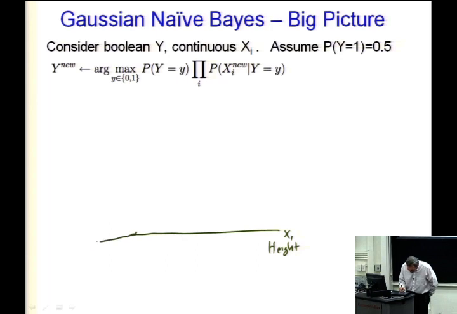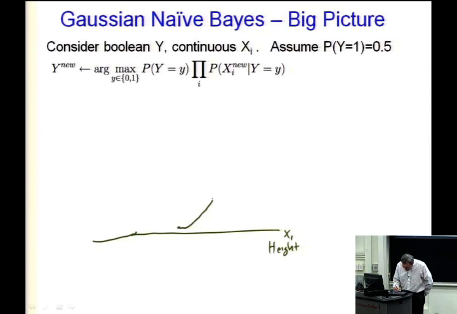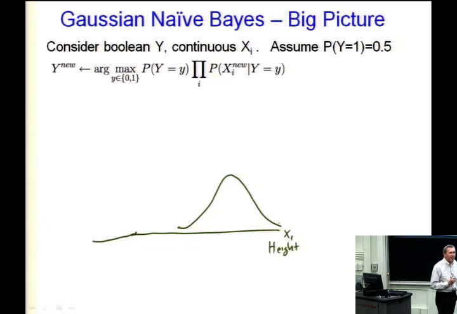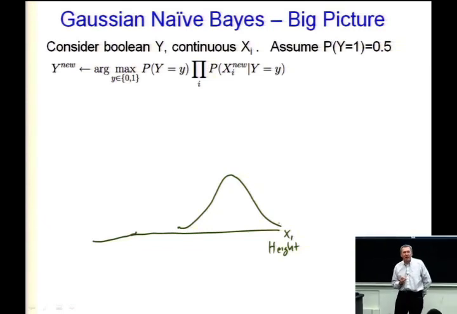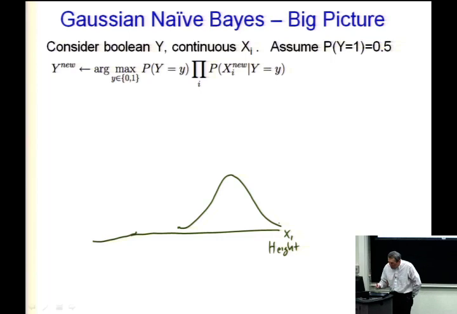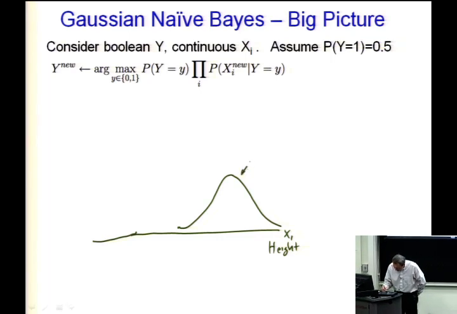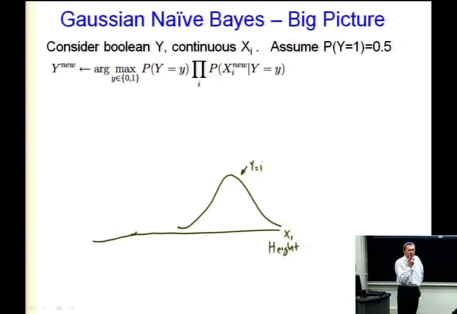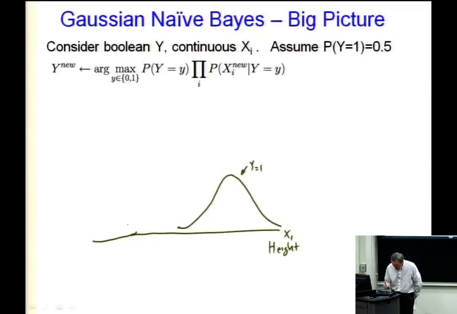So in this case, here's a Gaussian distribution I could get that gives me, let's say, p of x given that y equals 1. That's the y equals 1 distribution. And I can, of course, have another distribution for y equals 0.